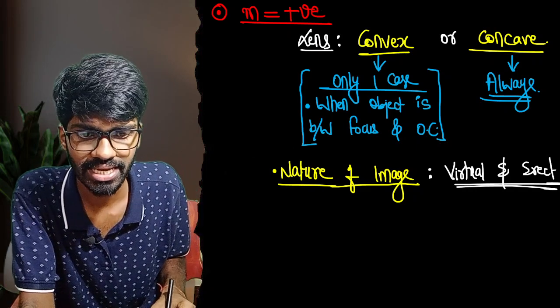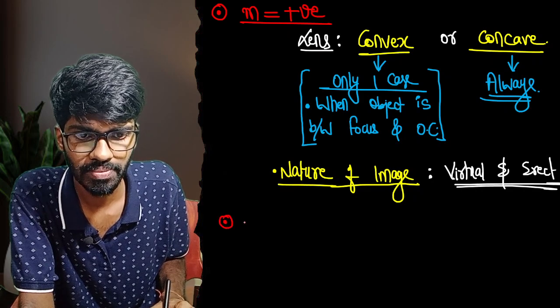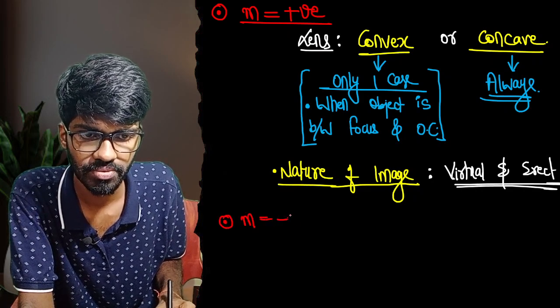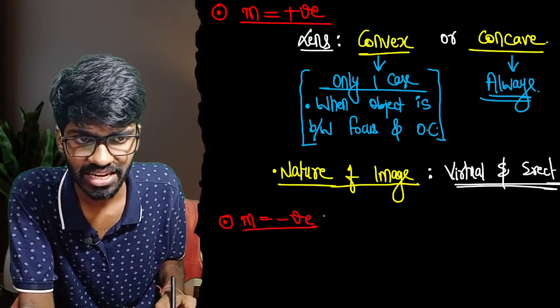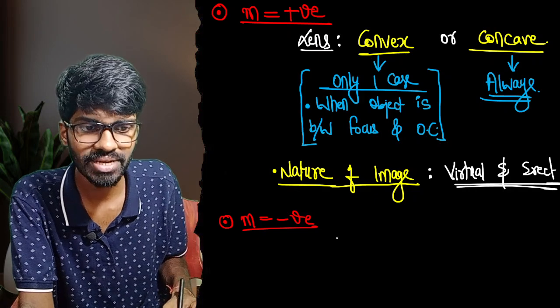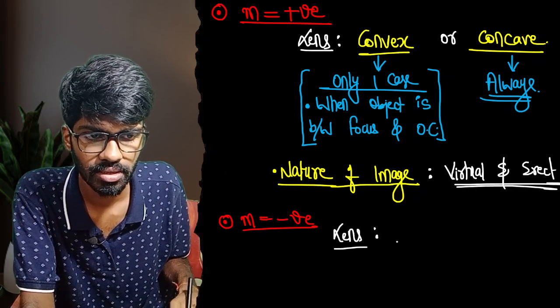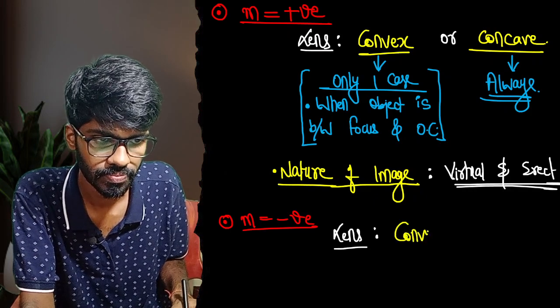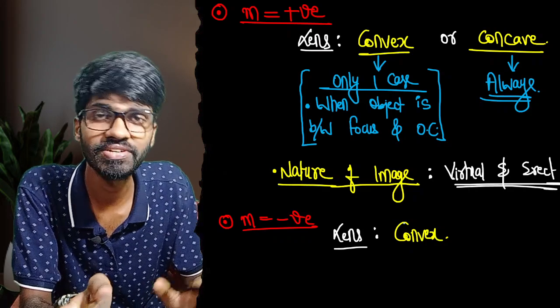Now let us take when magnification is negative. Magnification negative means the lens will only be convex. The lens is always a convex lens.